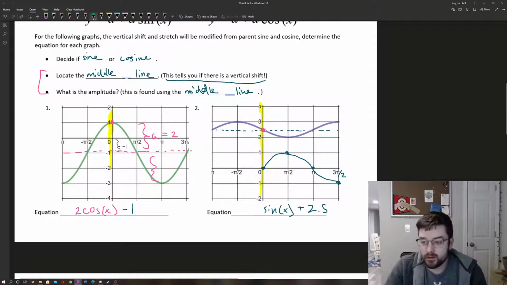So if we are just careful, we can see that that distance is just 1/2 of a unit. So I'm going to put a 1/2 here. And because I can't stand mixing fractions and decimals, I'm going to change that to 5/2 on the end. There we go. So this is our equation for the second one.